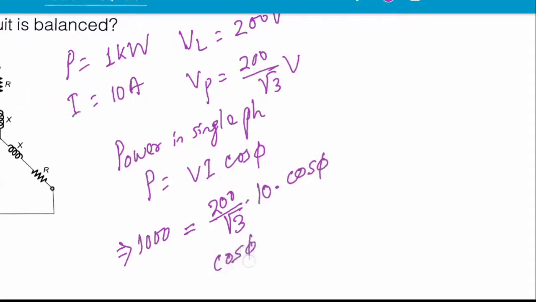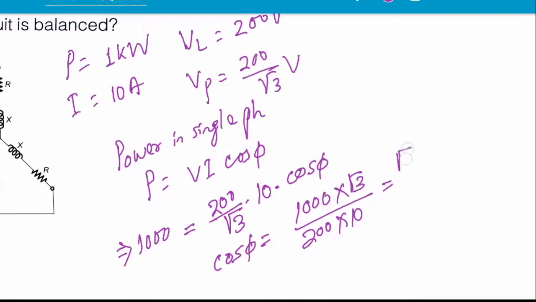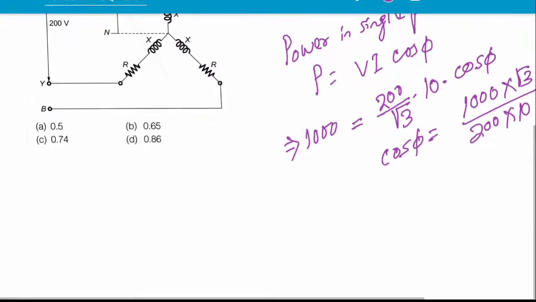And cos phi will be equal to 1000 into root 3 by 200 into 10, which is equal to root 3 by 2, which is equal to 0.866. So here 0.86 will be the correct answer.